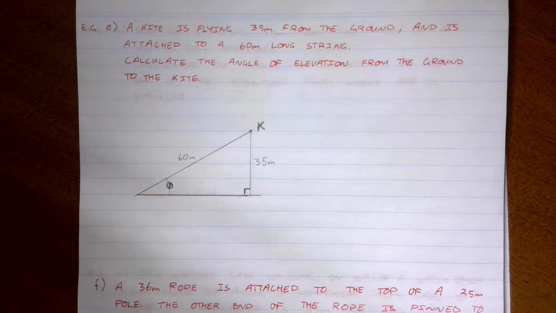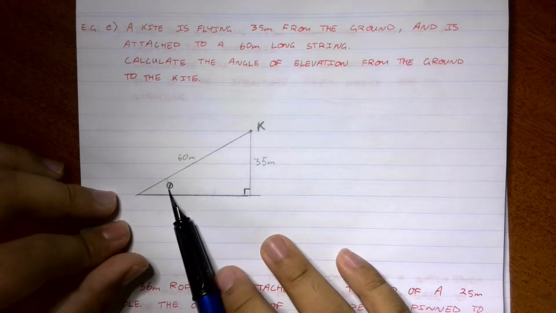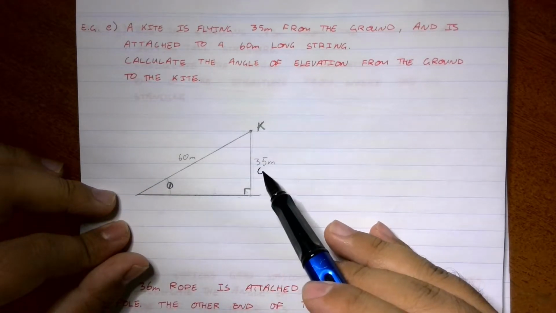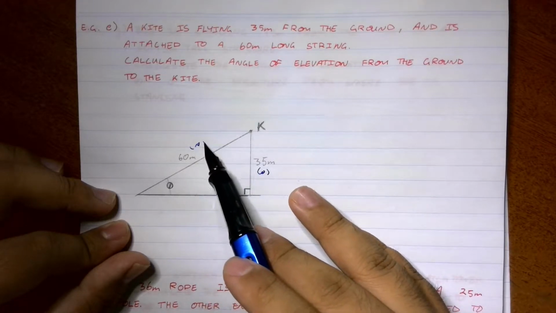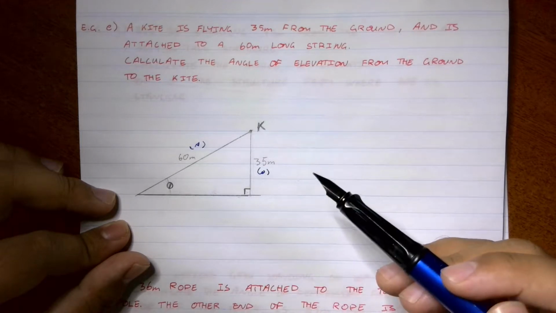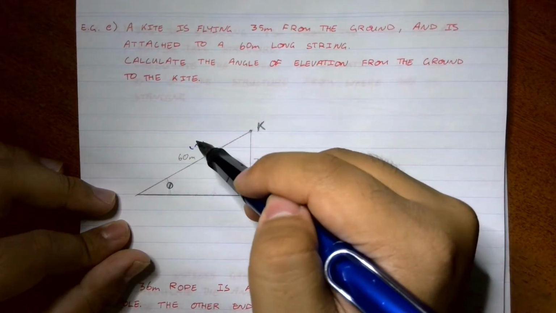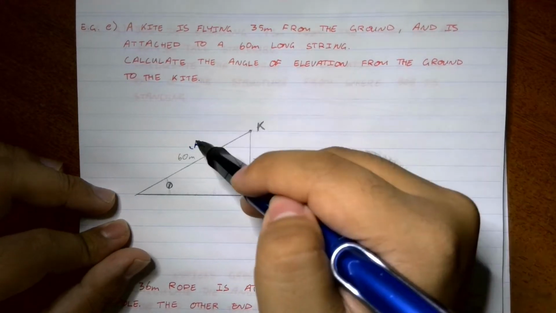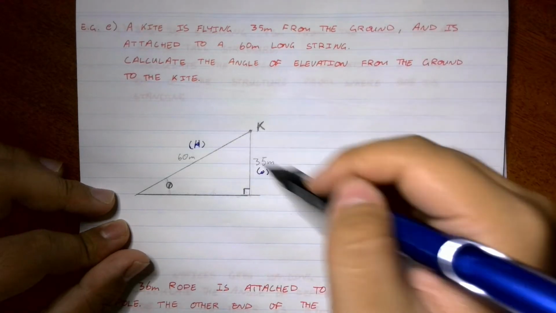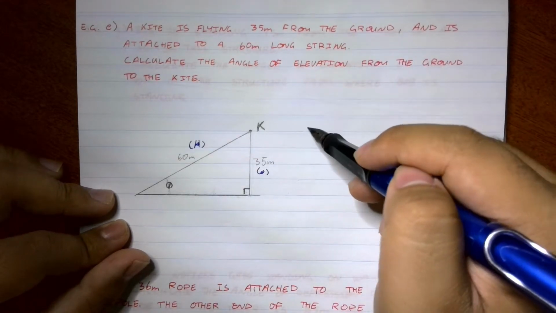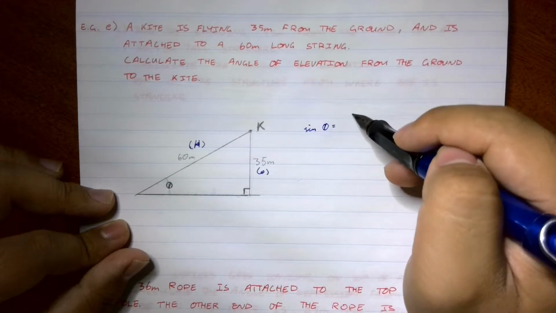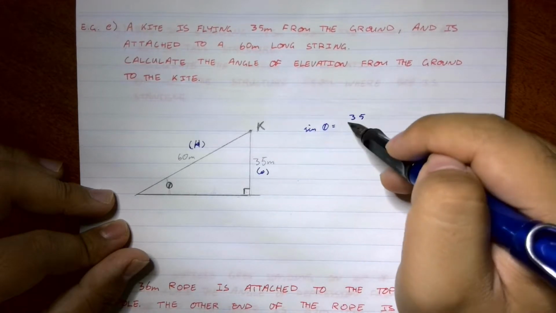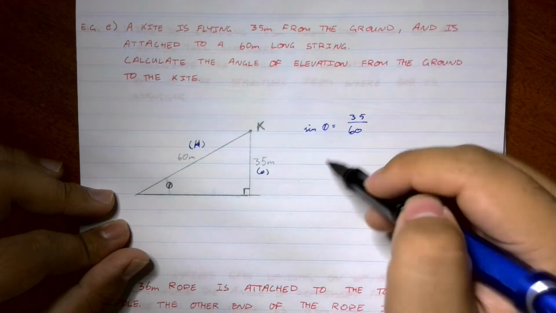So from this angle, we have an opposite and an adjacent, like so. Opposite, not adjacent, hypotenuse. Opposite and hypotenuse uses the ratio sine of theta is equal to 35 over 60.